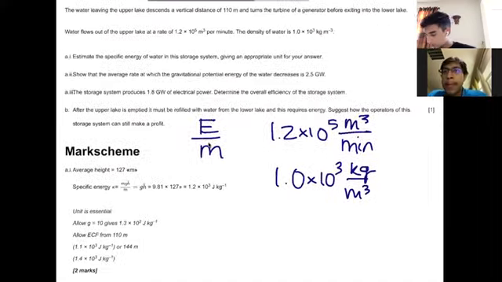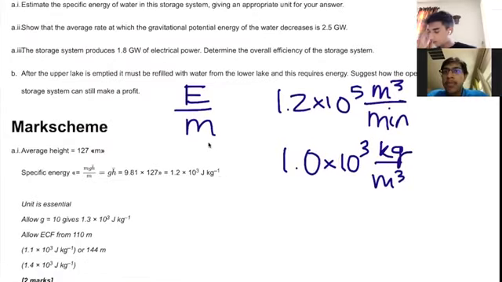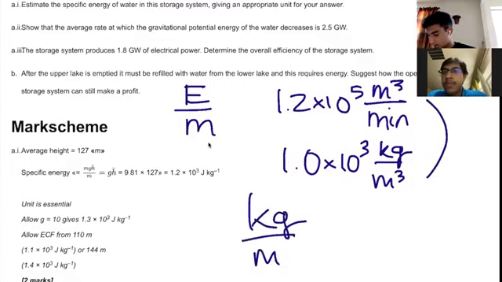So if we multiply these two values, we'll get kilograms per minute, which is, since it's mgh, which is energy. Yep. Right. So if we do mgh over time, then you get the power output.